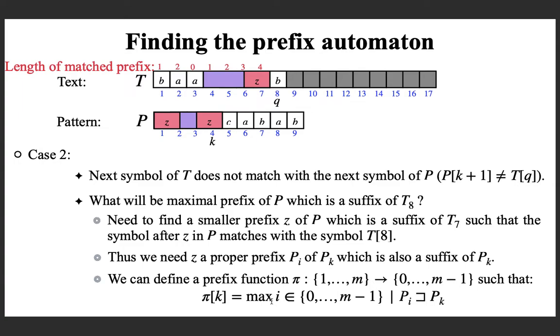And what is the property of that value? If you are taking it as i, then the i symbols here must be a suffix of Pk. That is what we are telling. So that Pi, the first i symbols from P, that is a prefix of P, must be a suffix of Pk. That is, the same sequence must appear here as well.